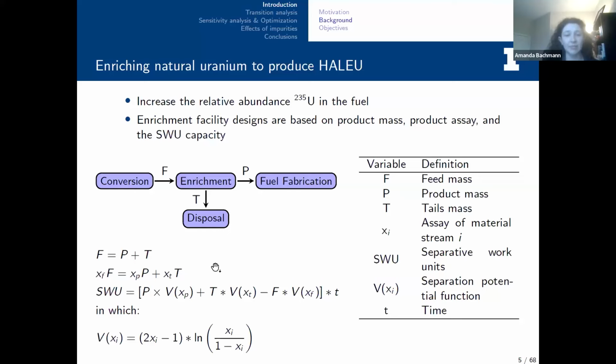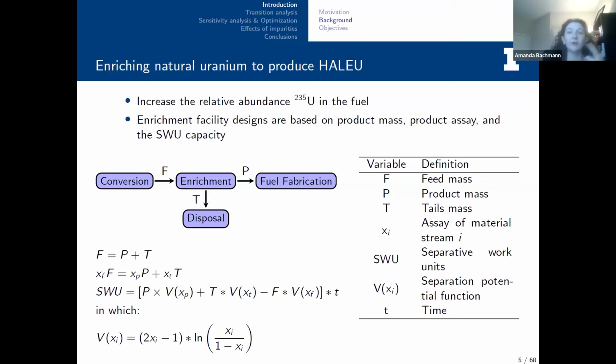And we can relate these material streams as well as their assays through a couple of different equations. And a couple of things to note about this. When we relate the assays of each of these materials with the masses of the materials, we see that if we're going to increase that product assay, so going from, say, 4% up to 10% in what we need for our product assay, we're going to increase the feed material that we need. But then if we need to increase the product mass, then that's also going to increase the feed mass that we need.